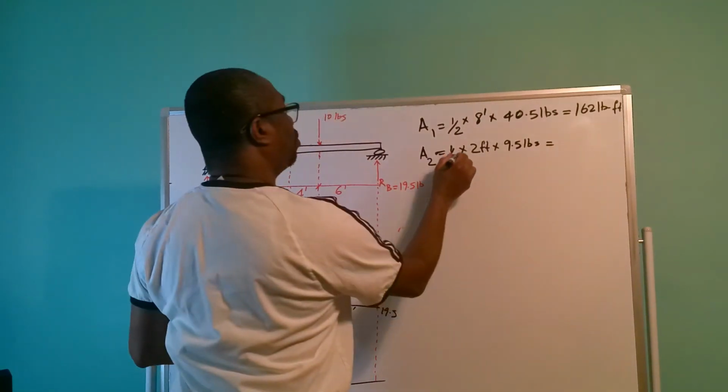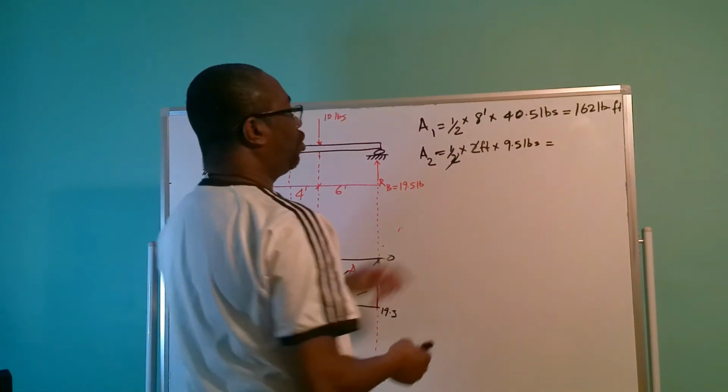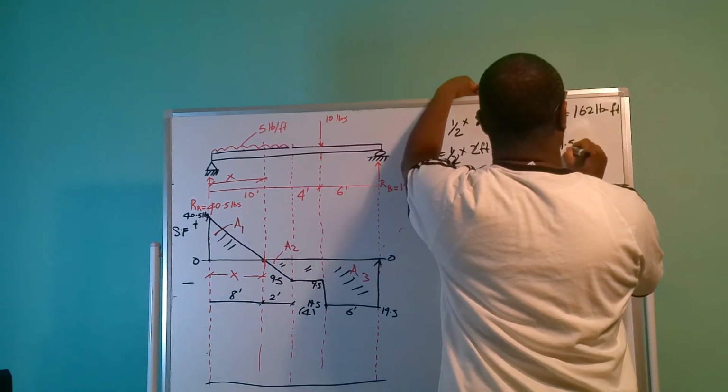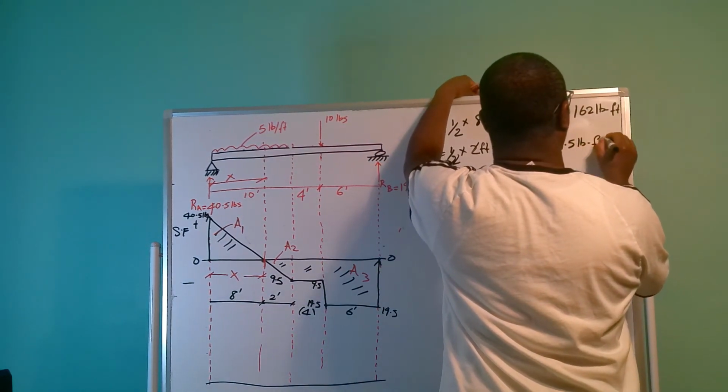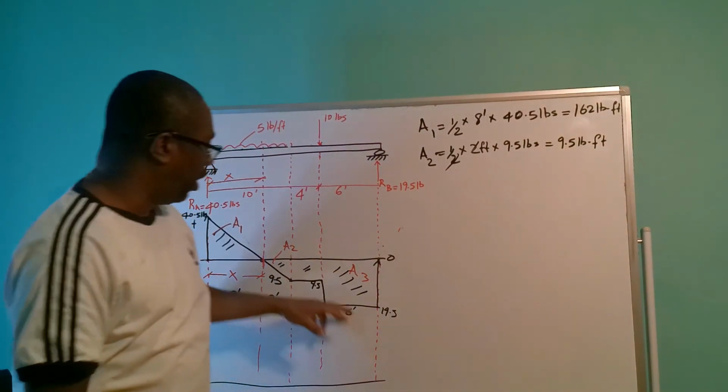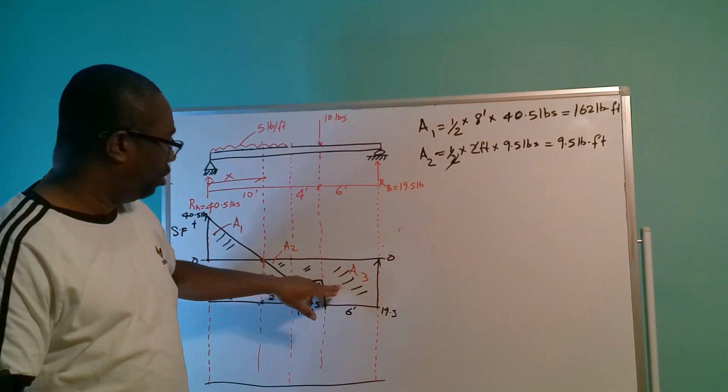So 2 cancels 2, and we end up with 9.5 pounds foot. Our last area now is going to be the area of this square.